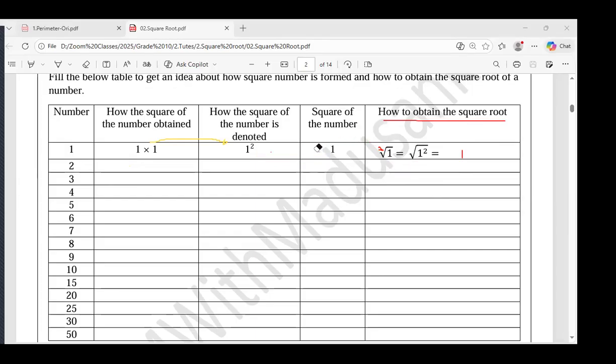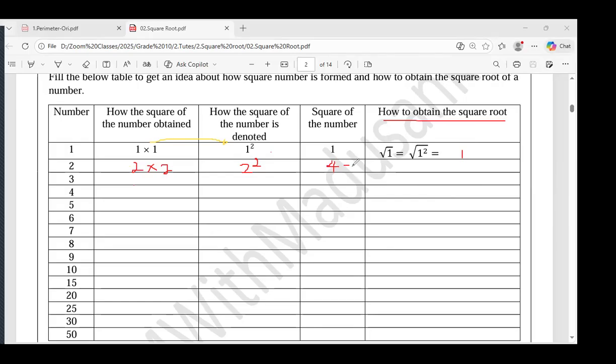Very small thing that you have to understand. Then 2: you can write 2 times 2, which we denote as 2 to the power 2. What is the value of 2 to the power 2? 4.